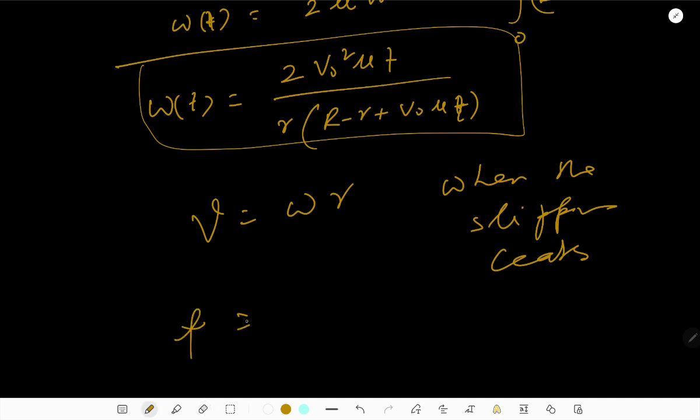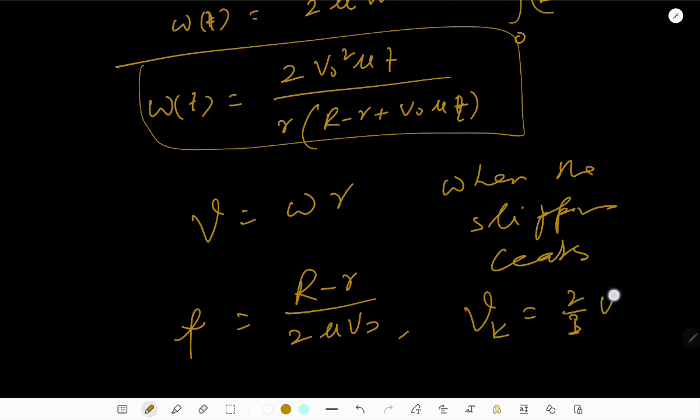I got earlier, this is still in my hand, you are going to get (R minus r) by 2 mu v naught, something like that. If you want the value of v at that moment when the rolling begins, its value was 2 by 3 v naught, and if you wish, you can put in all the values, which are given, and you get your numerical values.